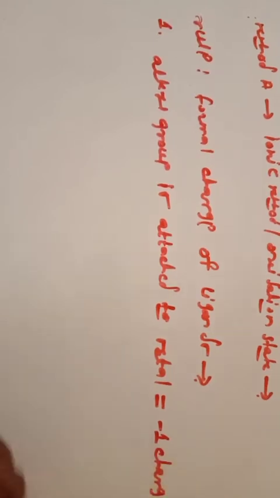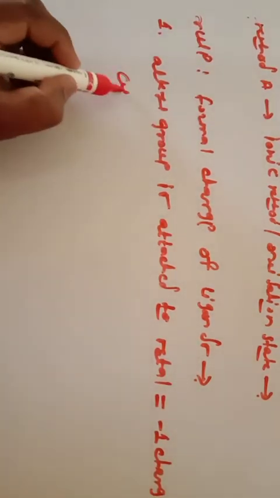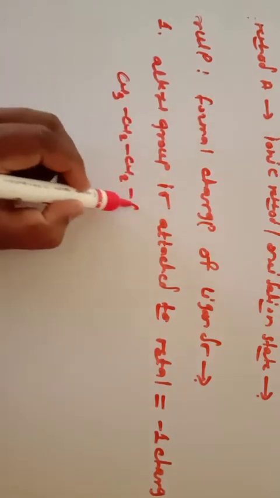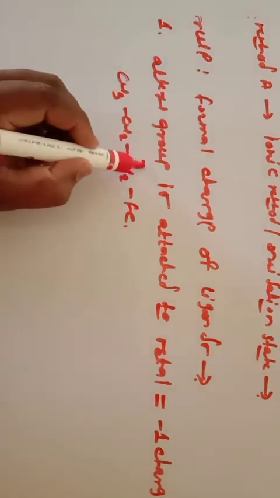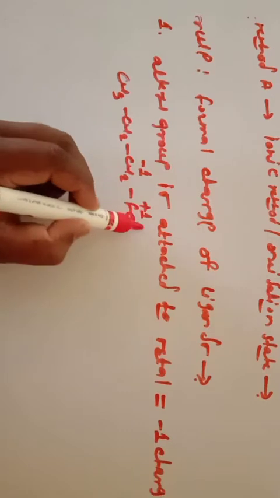The carbon must have -1 charge and the metal must have +1 charge. For example, CH3 attached to Fe. In this case, carbon is more electronegative, so it has -1 charge and the Fe must have +1 charge.